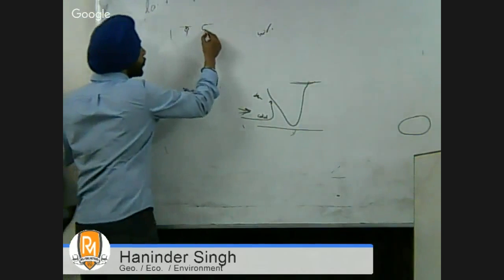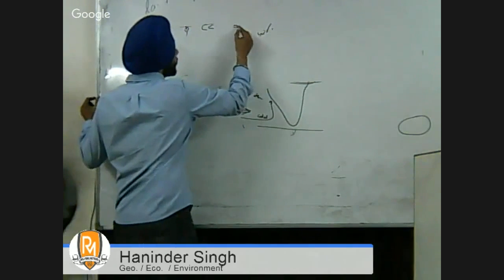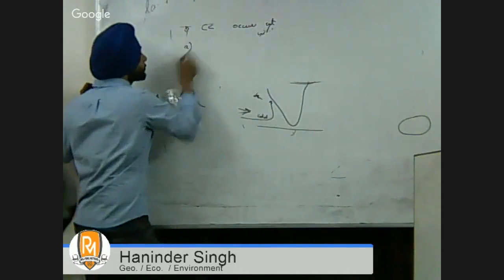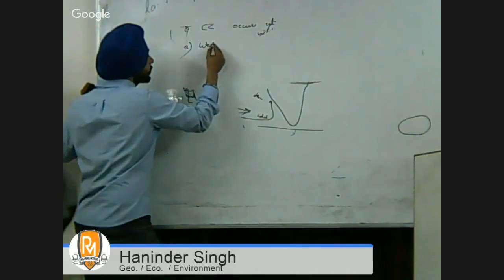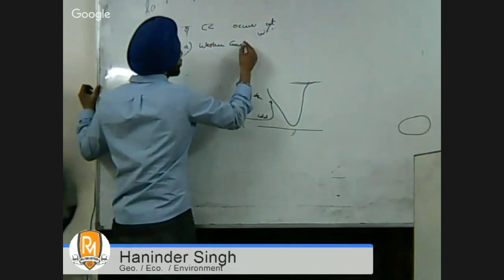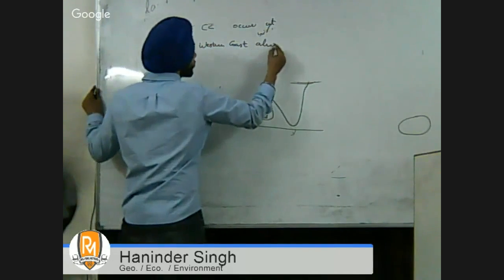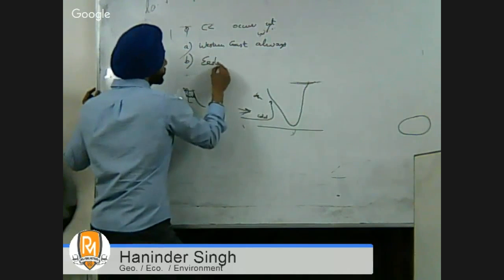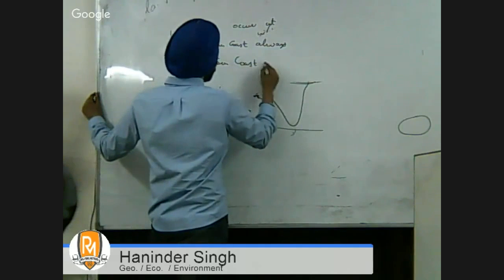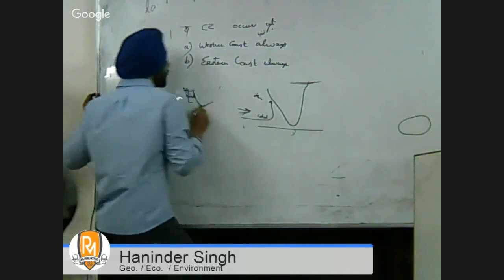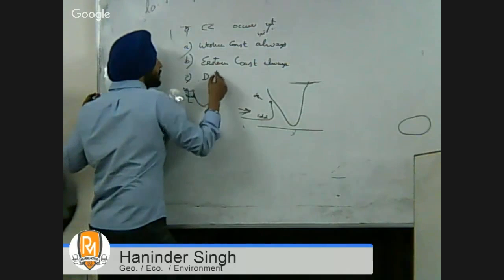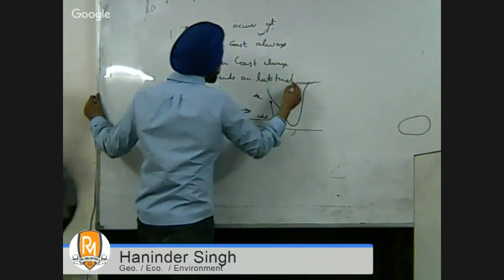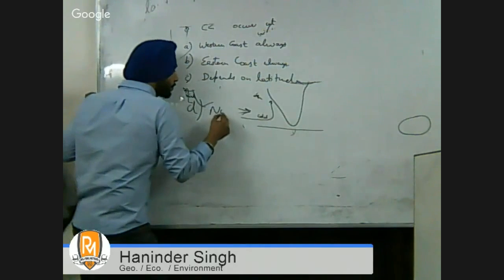Question: cold current occurs, or cold currents occur at A) western coast always, B) eastern coast always, C) depends on latitude, D) none of the above.